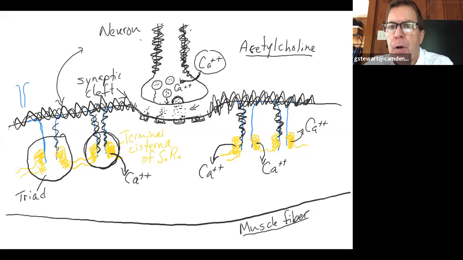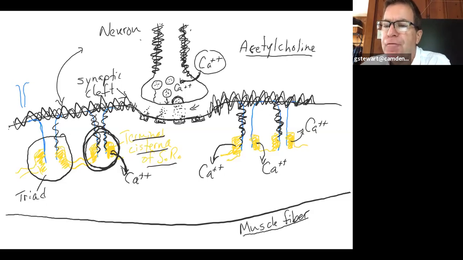When that electrical impulse reaches the triad area, calcium ions are released from the terminal cisternae of the sarcoplasmic reticulum, and calcium floods the interior of the muscle fiber cell. That's chapter 1. Chapter 2 is we're gonna magnify this. So even under heavier magnification, we're gonna look at some smaller things that are going on.